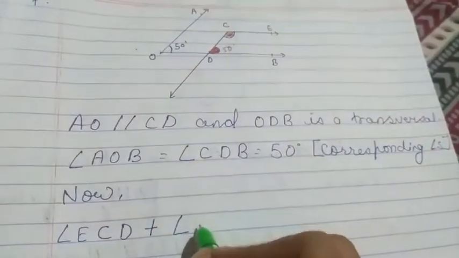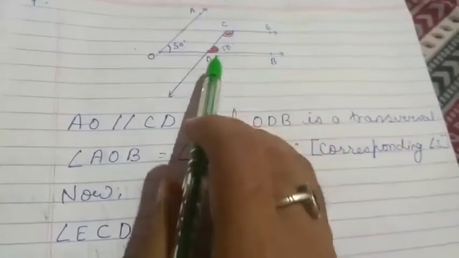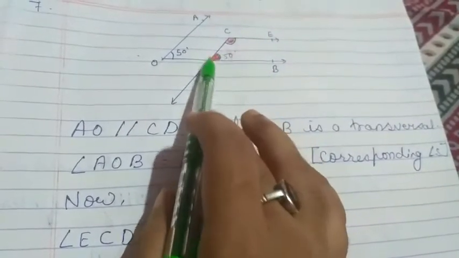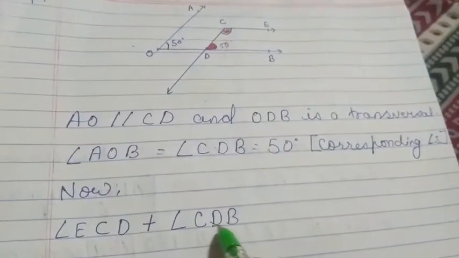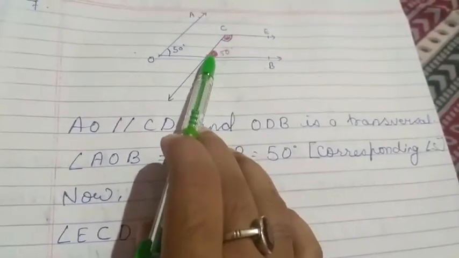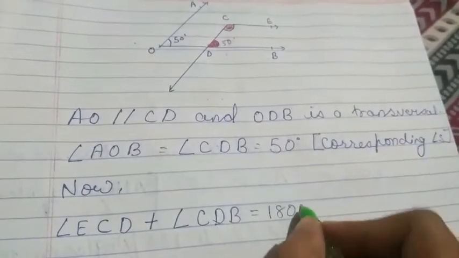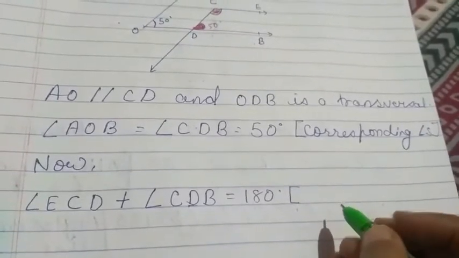Whatever is in the middle, na, this one is the angle. Okay, so D is in the middle. That means I'm talking about this angle. It is equal to 180 degrees. By which property? Co-interior angles. Okay.